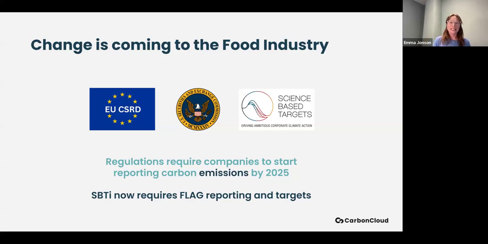So that means that if you are in an industry where a large share of your emissions come from agriculture, you need to track and set targets for that specific part of your value chain, and you can't combine the targets with the non-FLAG part of your value chain.